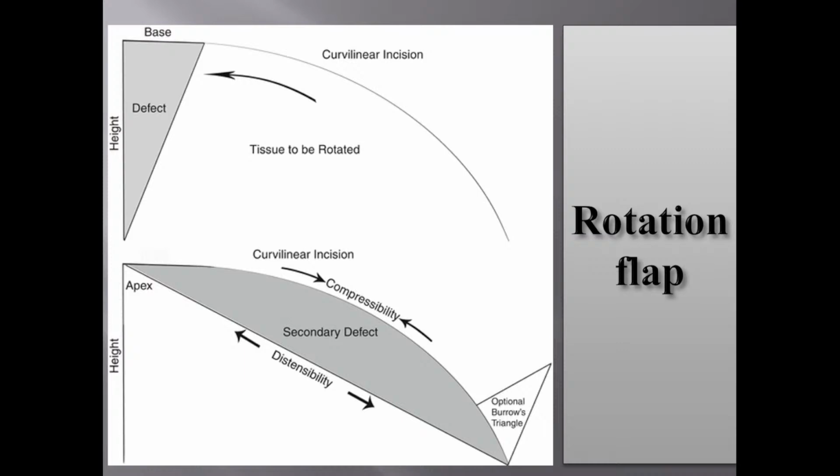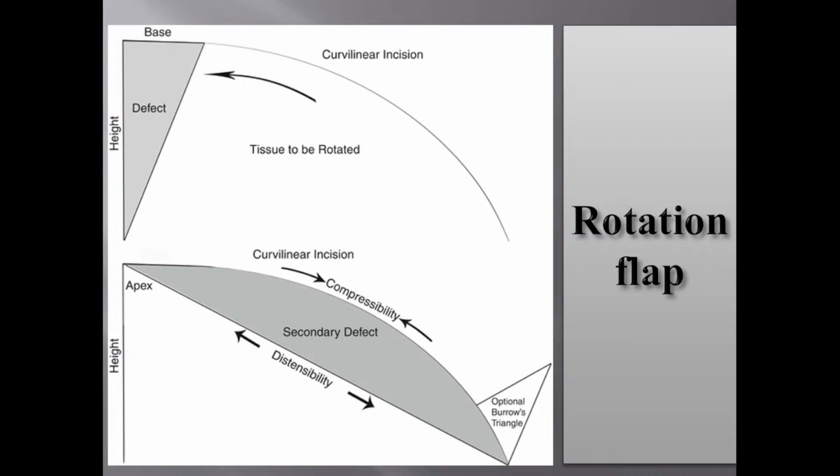The secondary defect created by a rotation flap represents a transformation and translocation of the primary defect. The surface area encompassed by the primary defect is equivalent to the surface area of the secondary defect. The geometry of the secondary defect is determined by the size of the flap. I hope you understand the difference between primary and secondary defect.